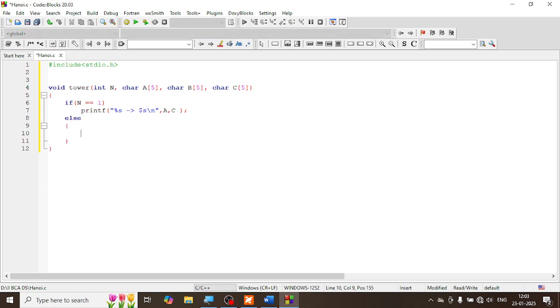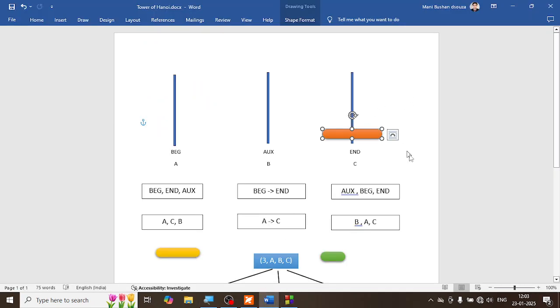Okay, so let's try to find the solution. Else you have to use a temporary solution. So let's look at the temporary solution. Let's say you have two disks.